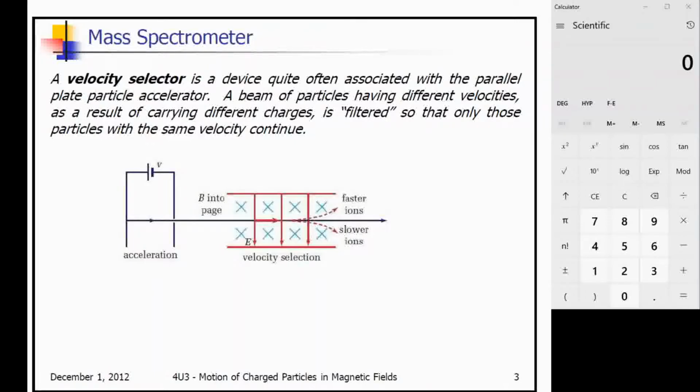Well, we've set B by setting the magnetic field. We have set Q by shooting the same type of particles out. The velocity selector allows only particles of the same velocity to go through. So now that we've made QvB constant, we've made Fm constant, and this will help us find our mass.